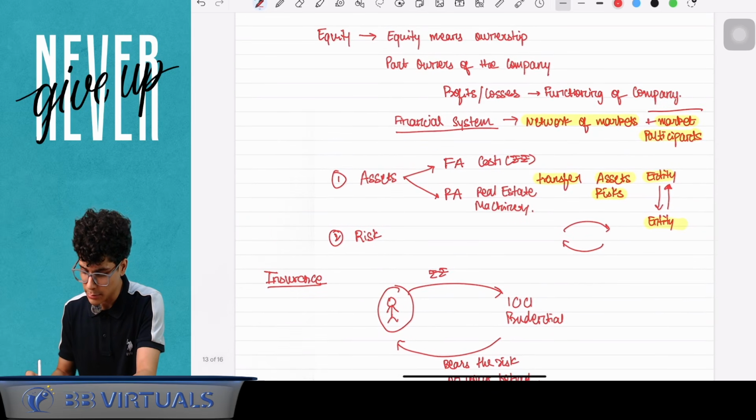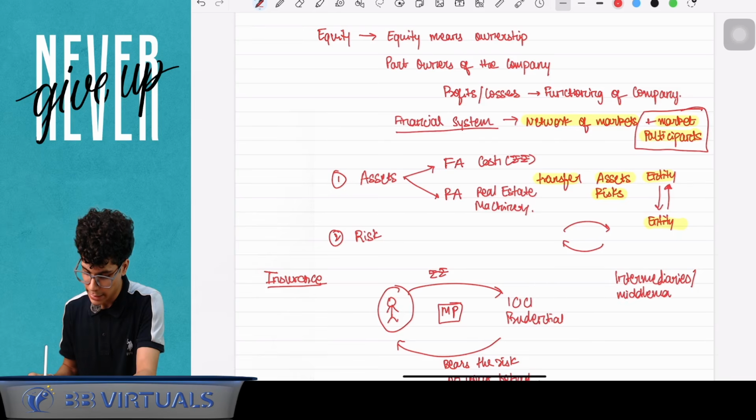Now, who are these market participants? These market participants are nothing but intermediaries. Who are they? These are intermediaries or middlemen that act as connectors between us and the insurance company. Okay, sir?